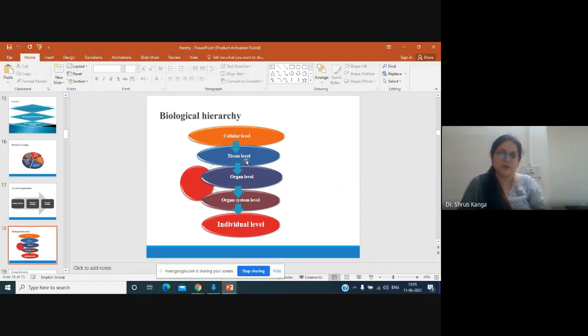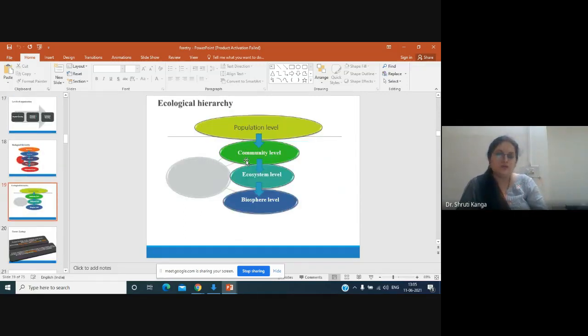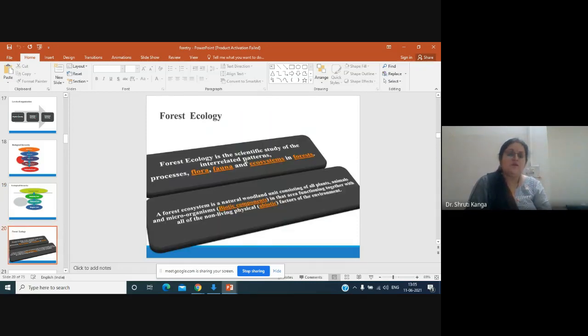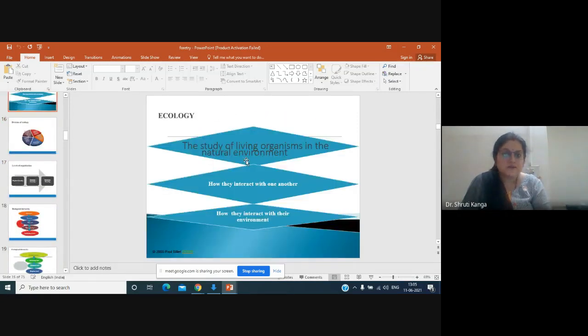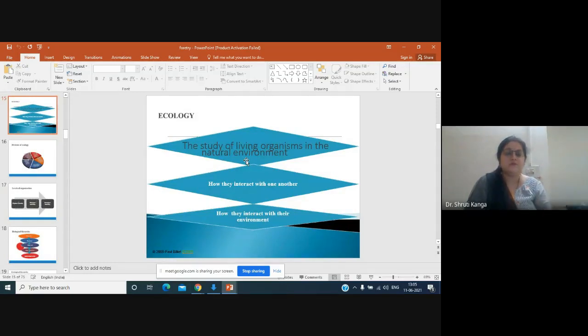The ecological hierarchy includes the population level, community level, ecosystem level, and biosphere level. Then forest ecology. What is forest ecology? Earlier we studied ecology, the study of living organisms, how they interact with each other and how they interact with the environment.